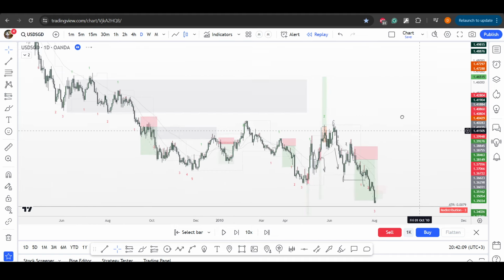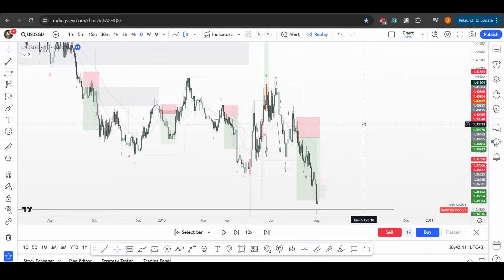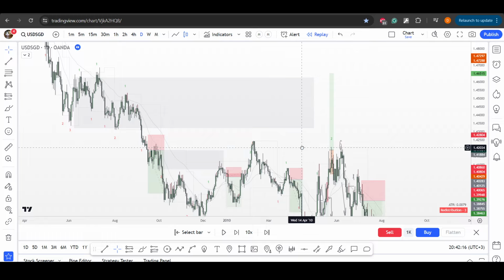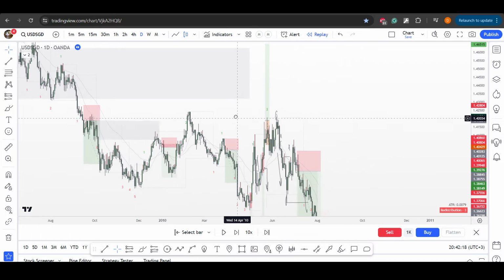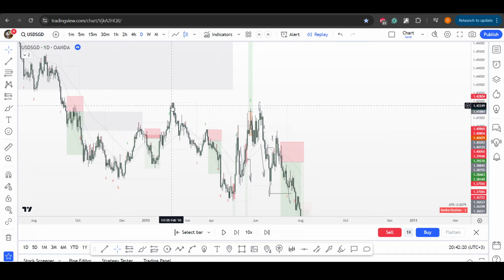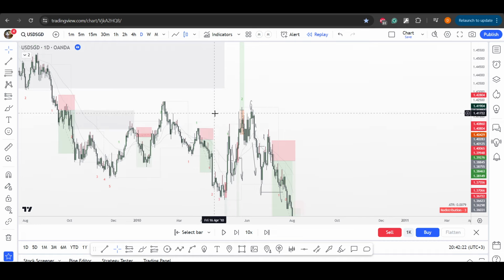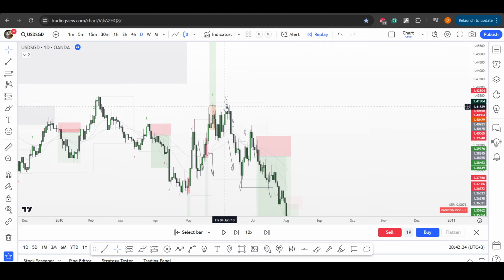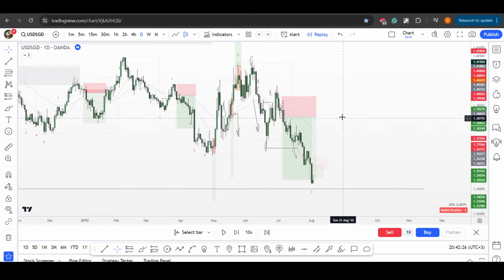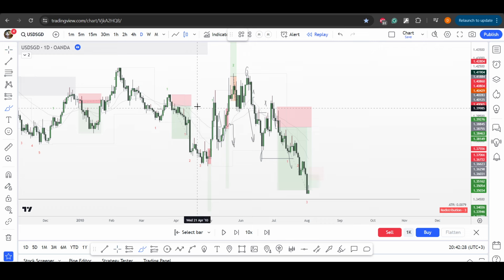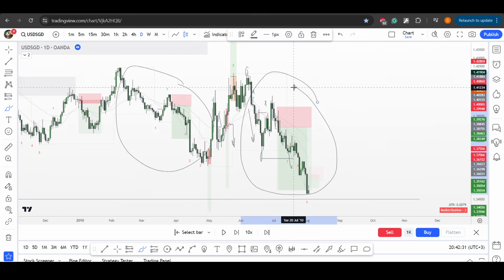So what happened here? We discussed that this zone is interesting because it was responsible also for the break, and then we just mitigated it and started to go. And basically right now this leg is the same as this leg, and this high is the same as this high.